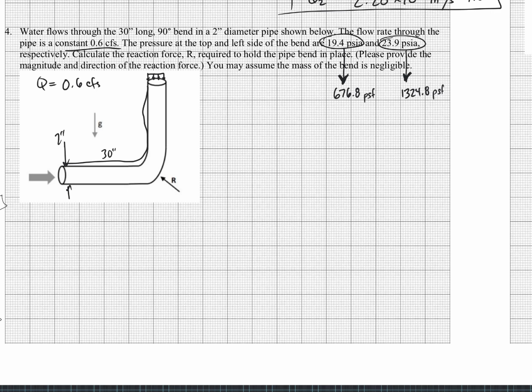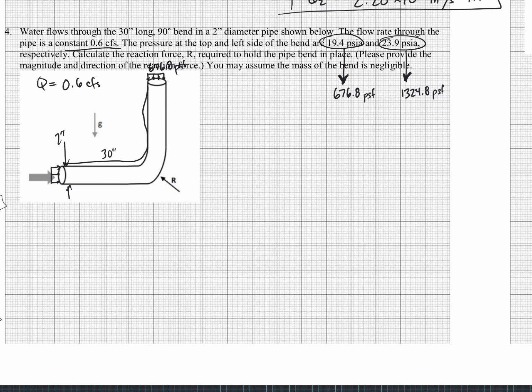Okay, and that's pretty key. So we're going to go over here, and I'm going to say this is 676.8 PSF, and then right here I'm going to have to do 1324.